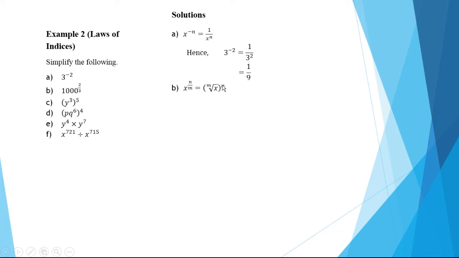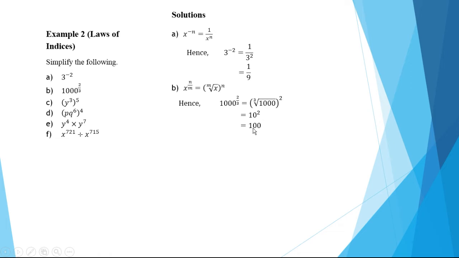Okay, so in this case, we have 1000 to the power 2 over 3 is the same as saying the third root of 1000, which is the cube root of 1000 raised to the power 2. This gives us 10 squared. What is 10 squared? 10 squared is 10 times 10, which is 100.